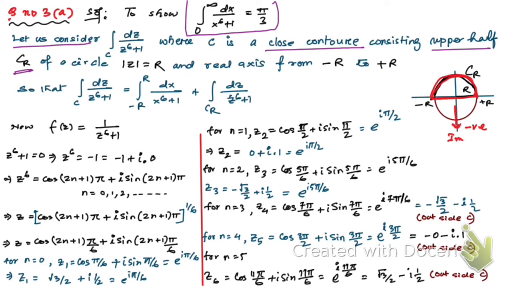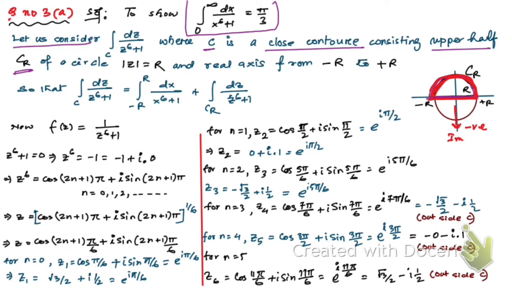This is the circle CR, and the contour C consists of only this upper half, as you can see in the red color.